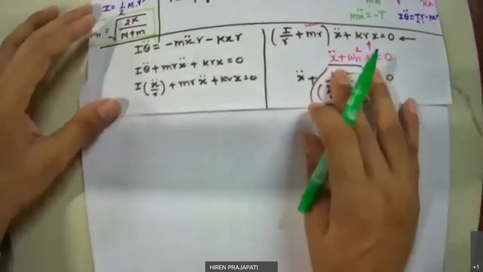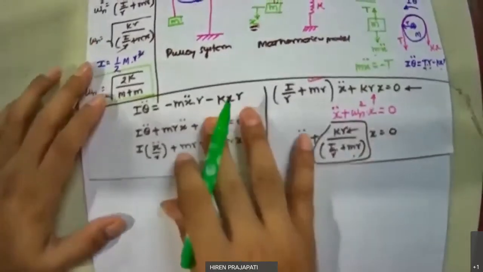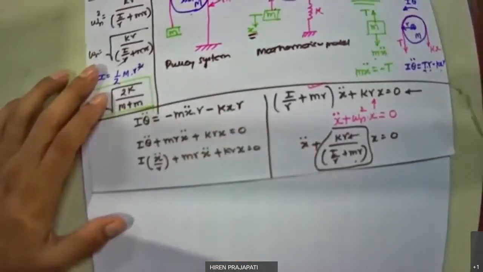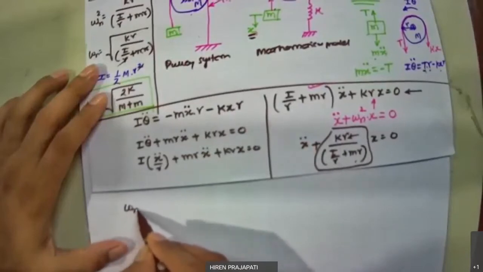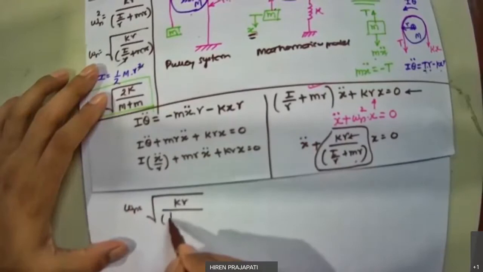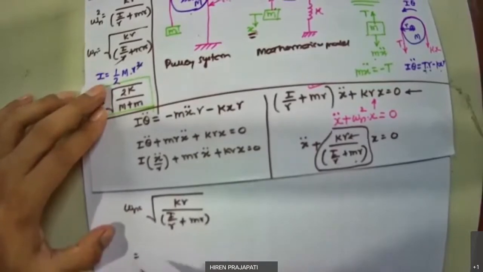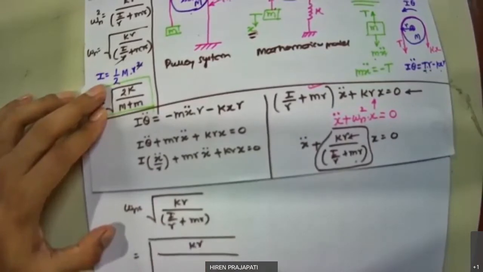If you look, in the omega n equation, let me write it first of all as it is. It's k r I by r plus m r, right? Now I replace here I is equal to 1/2 m r square. Okay, so if you do that, k r in bracket, I is equal to 1/2 M r square.